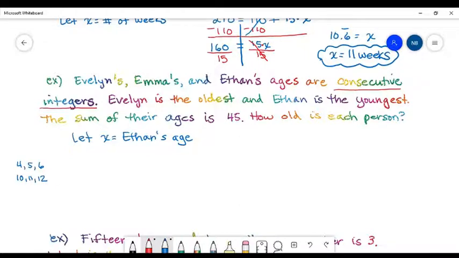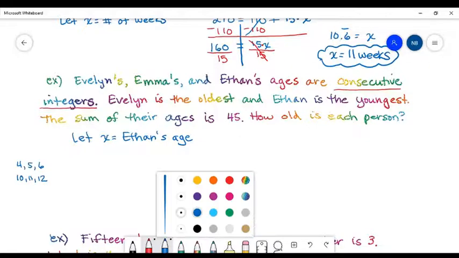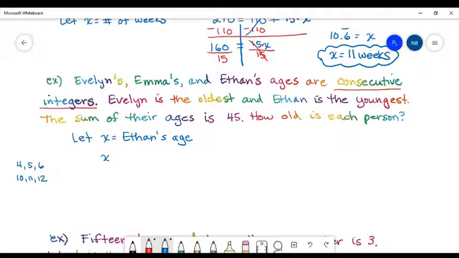So if X represents Ethan's age, then the middle child, which appears to be Emma, is X plus 1. So X plus 1 equals Emma's age. And Evelyn is the oldest. She is 2 years older than Ethan. So X plus 2 is Evelyn's age.